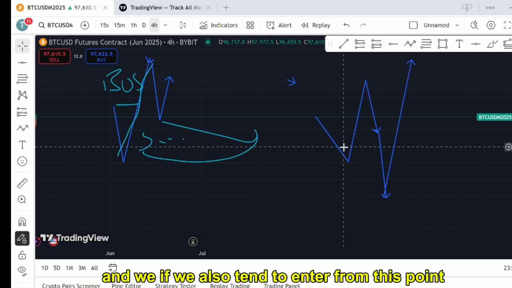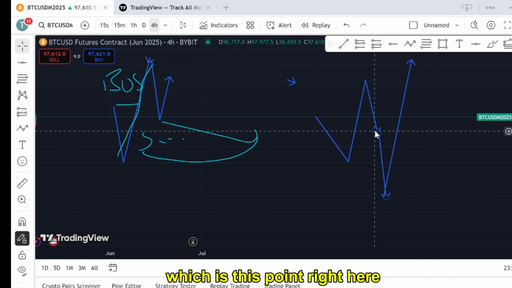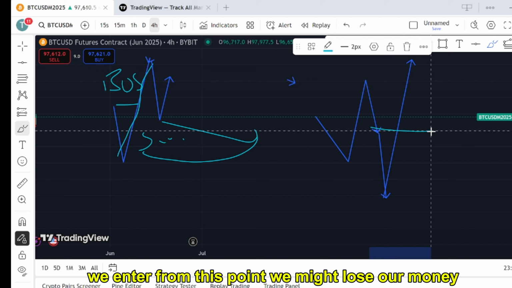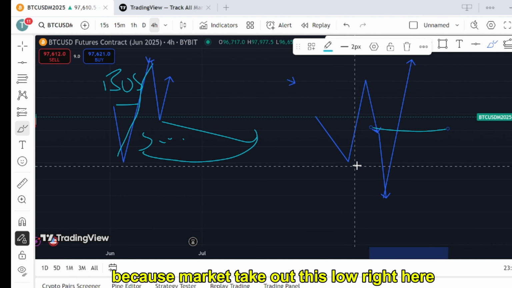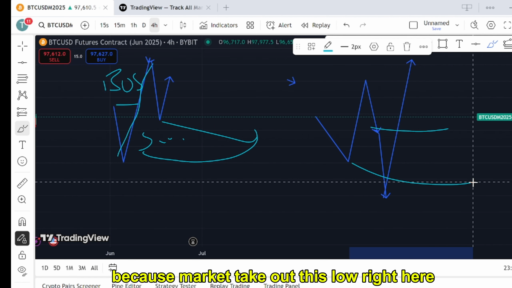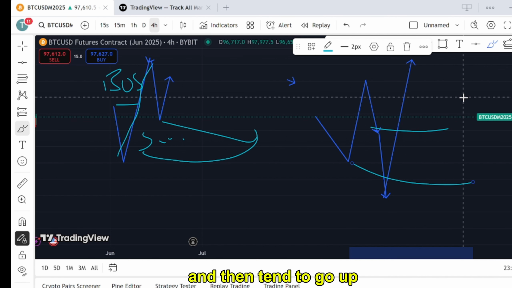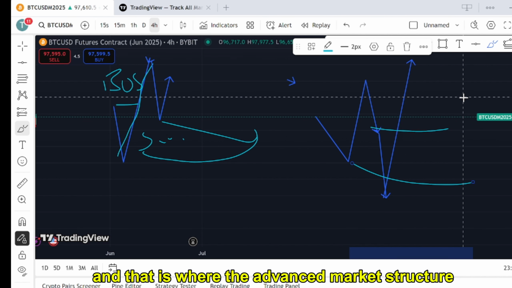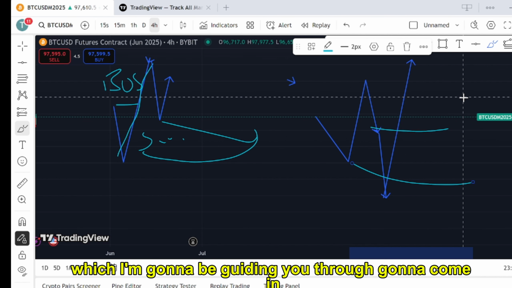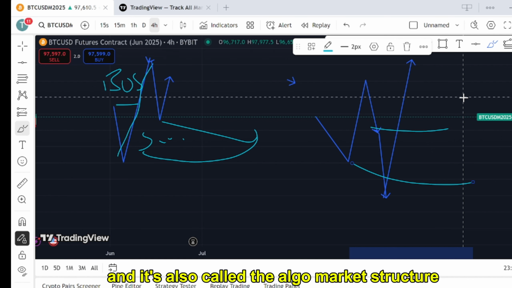If we enter from this point right here, we might lose our money because the market takes out this low right here and then goes up. And that is where the advanced market structure, which I'm going to guide you through, comes in, and it is also called the algo market structure.